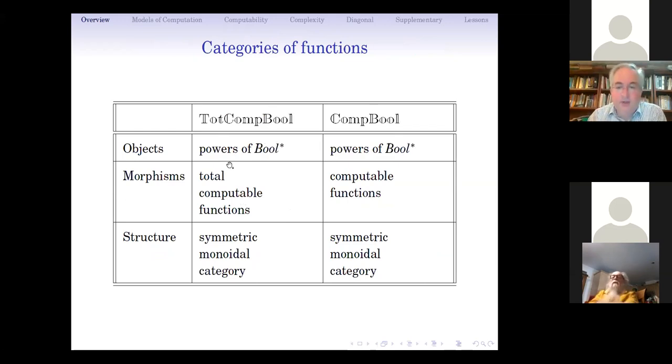And again, Bool is a little bit more complicated. You can't just have powers of Bool because that's finite. There's only a finite amount of stuff there, and that you don't want. So you want strings of Booleans, and then powers of strings of Booleans. And again, everything is nice and orderly, a symmetric monoidal category.